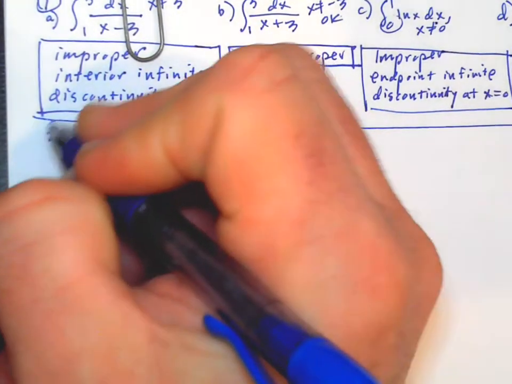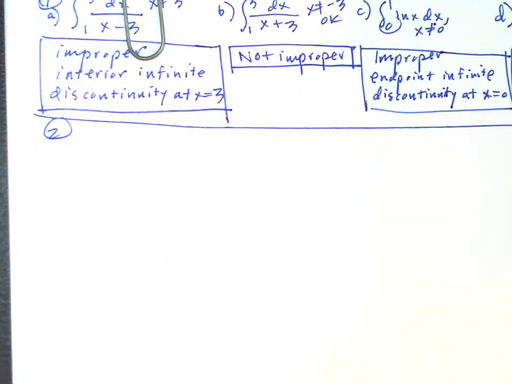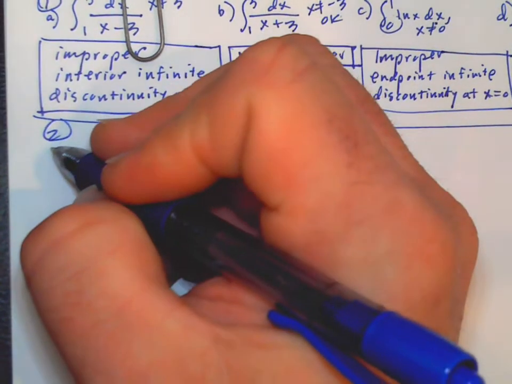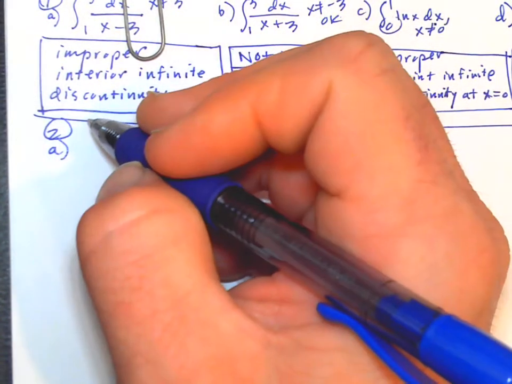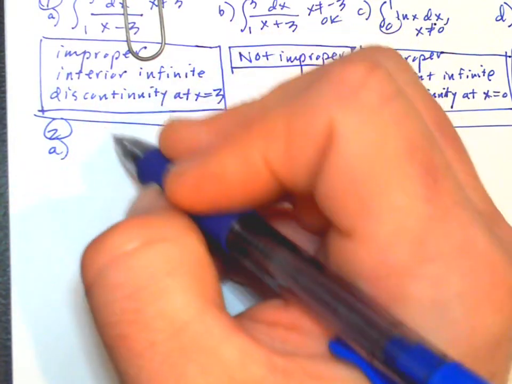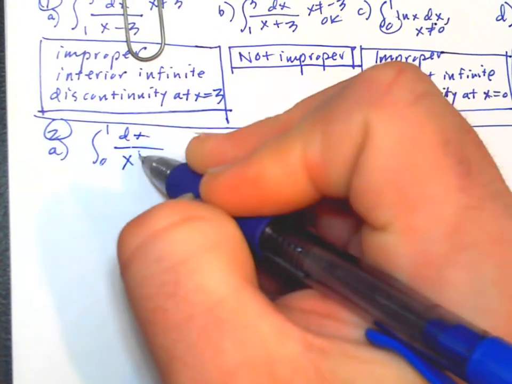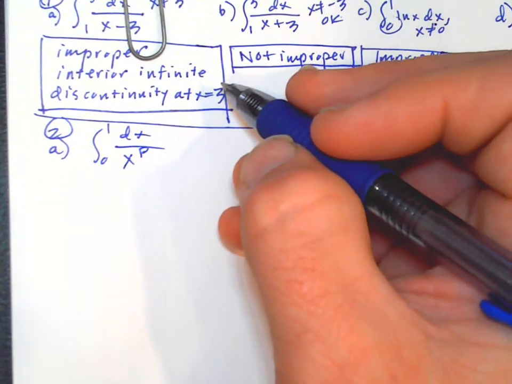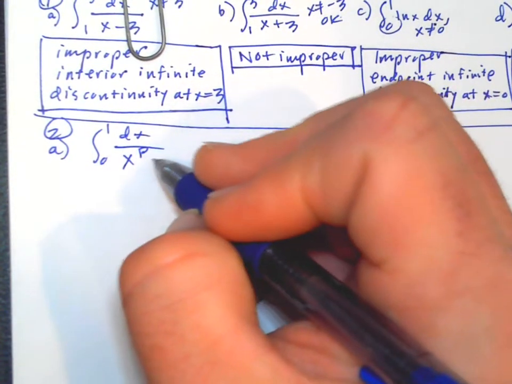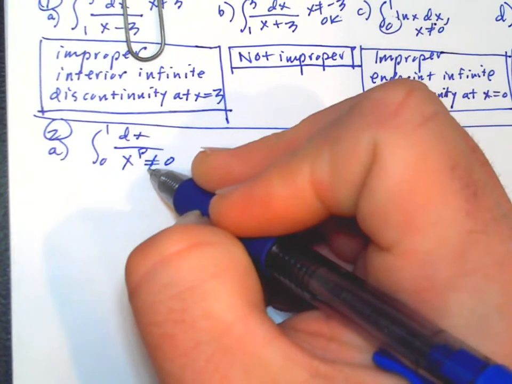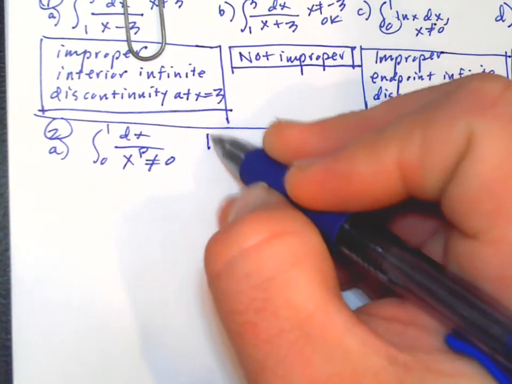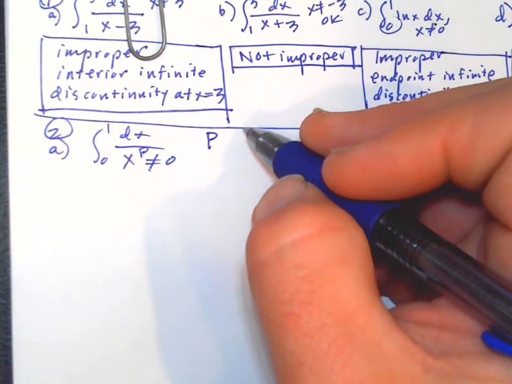Problem 2 says in each part determine all the values, and we're just doing part A, for which all values of p the integral is improper. So the integral from 0 to 1 of dx over x to the p. The issue here is going to be if this equals 0, right? So what values of p are going to cause division by 0?